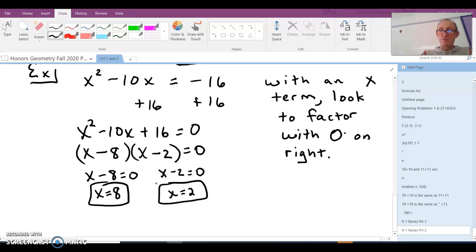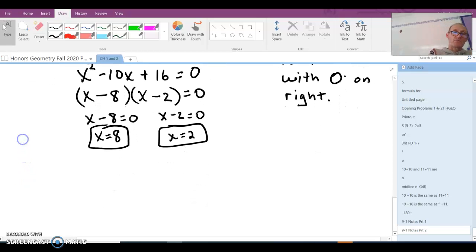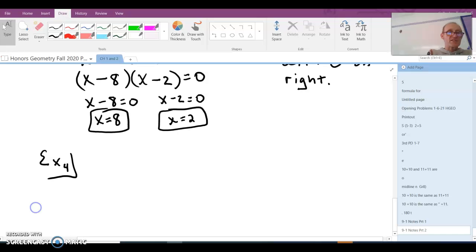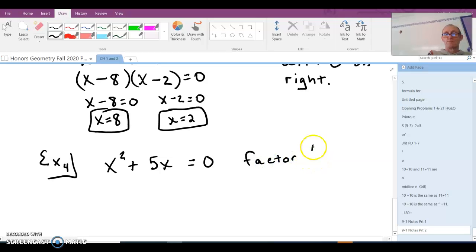All right, last example is just a little bit different, and that's it. I think this would be example 4 if you're counting. So this one says x squared plus 5x equals 0. Now there are two methods to do this, and since it's equal to 0 already, I'm going to factor right away. And this is how we factor. We factor out an x. x squared plus 5x is written as x times, I divide an x out of x squared and I get x, and then I divide an x out of 5x and I get 5.